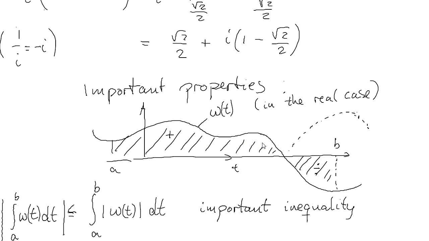When it's above the axis, we get a positive integral, but when it's below, we get the negative value of this area.